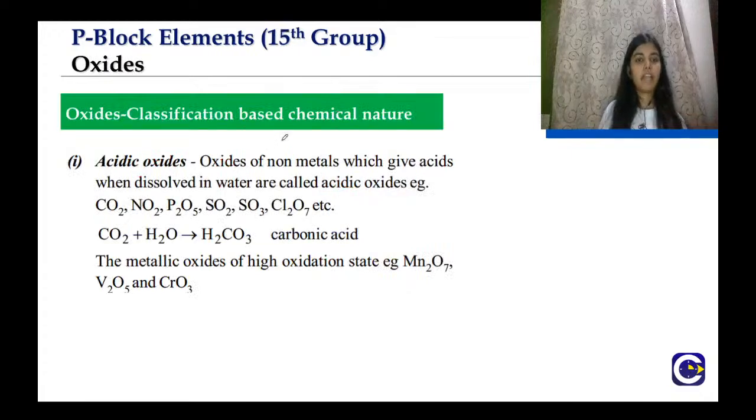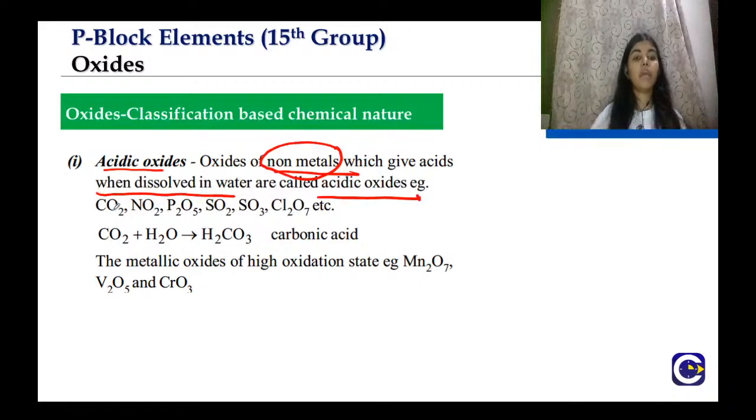Now, classification of oxides based on chemical nature: acidic oxides, basic oxides, amphoteric oxides, or neutral oxides. What are acidic oxides? Oxides of non-metals. Non-metals generally form acidic oxides. Oxides of non-metals which give acids when dissolved in water are called acidic oxides.